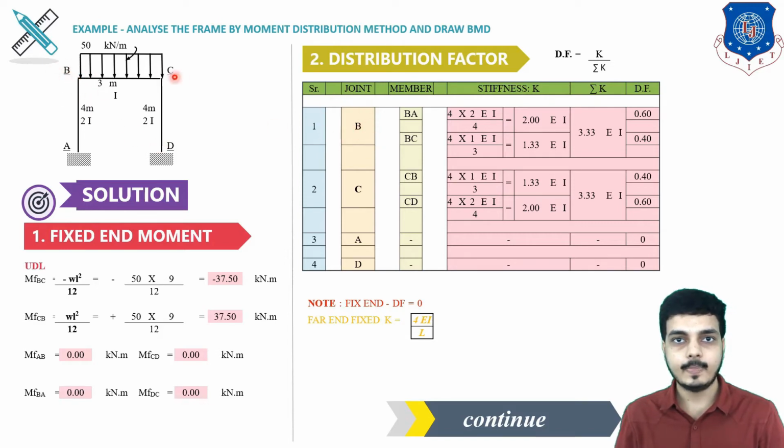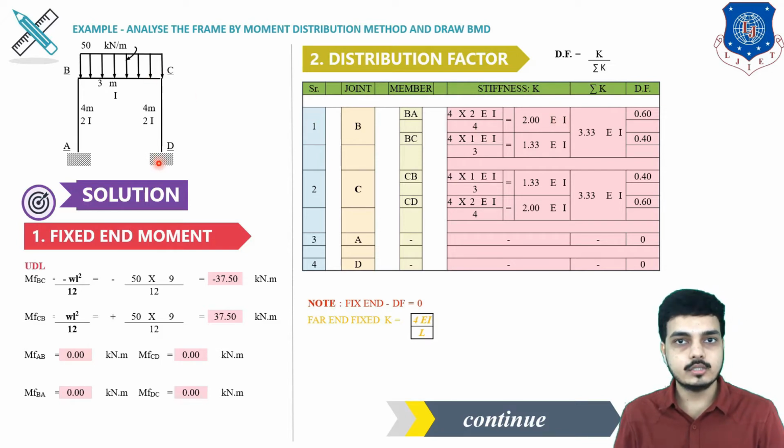The members are B to A and B to C. For B to A, the far end is a fixed support, so 4EI upon L. 2I is given, so 4 into 2EI upon 4 is 2EI.